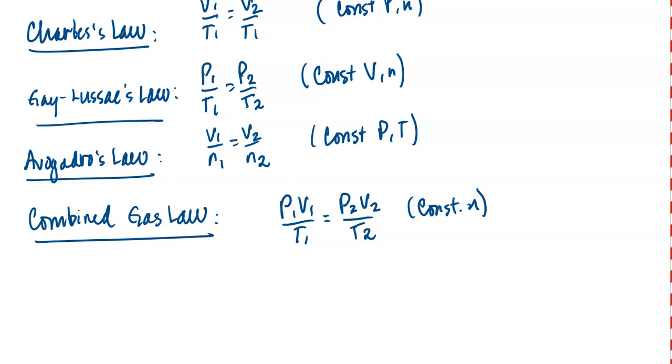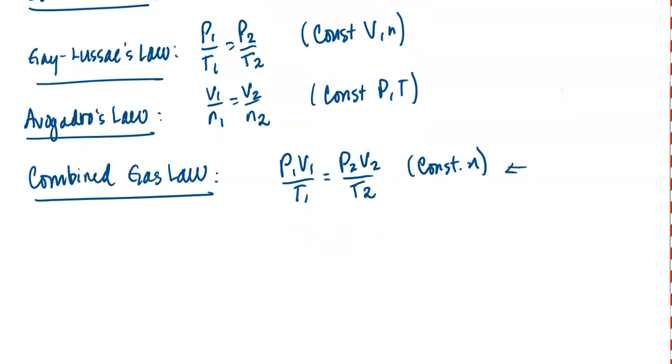What we haven't done is come up with a relationship that ties all four of the variables together. The closest we got was the combined gas law, where we looked at three of the four variables, but we're going to need to do a little bit better if we're going to quantitatively describe gas phase reactions.